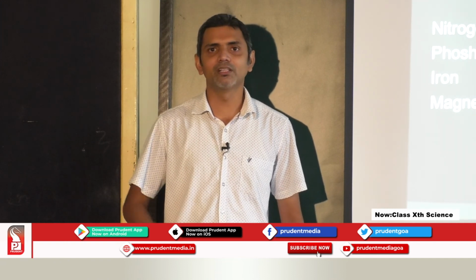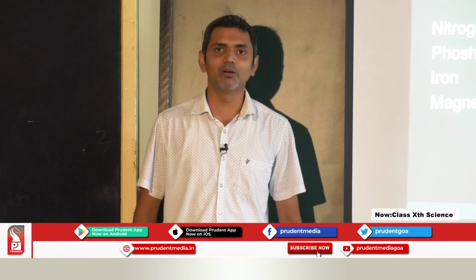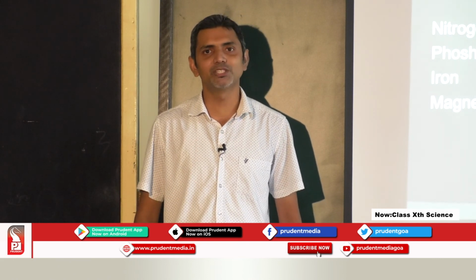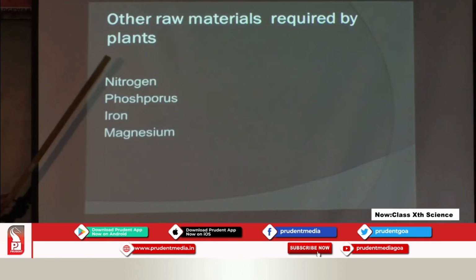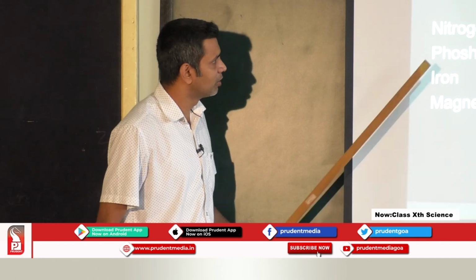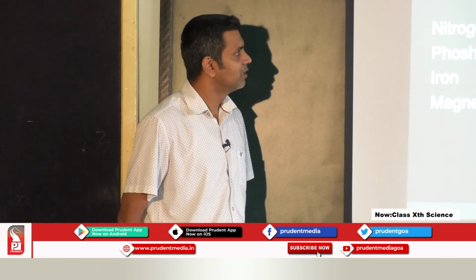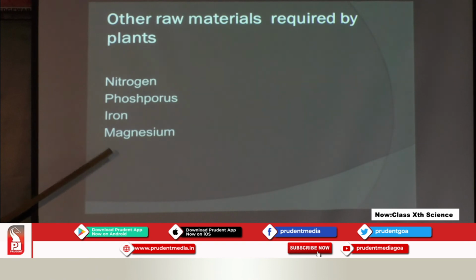They produce a compound in which nitrogen is present, and that compound is absorbed by the plants, and in this way they get nitrogen. They also require phosphorus, iron, and magnesium.